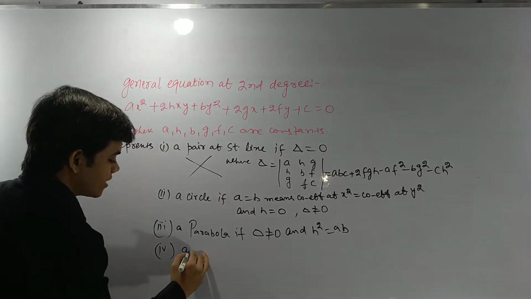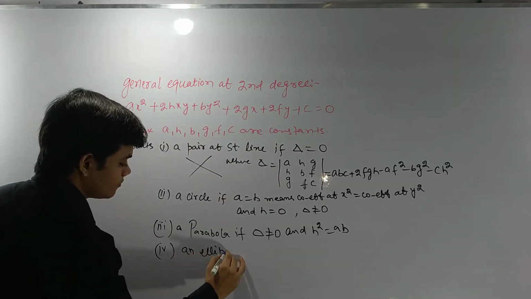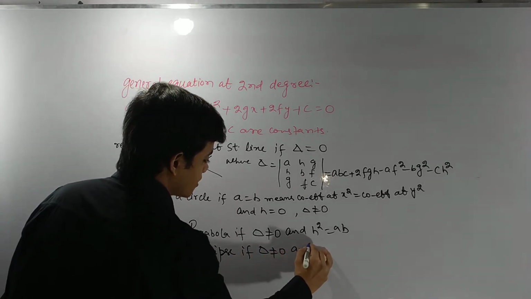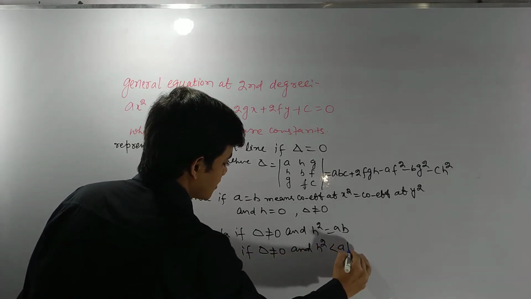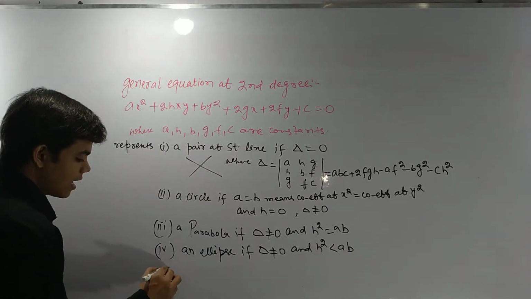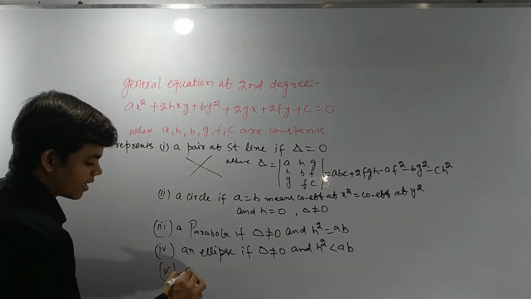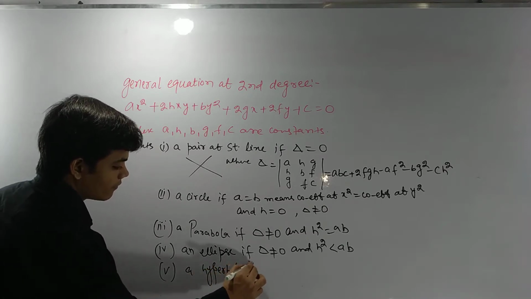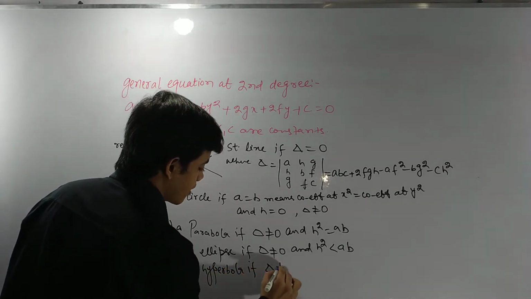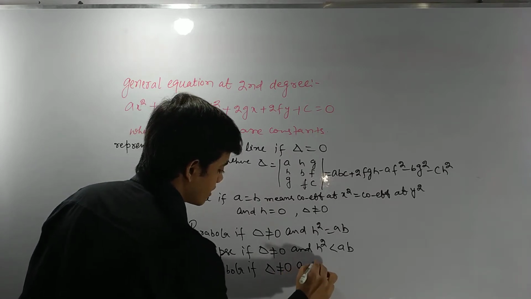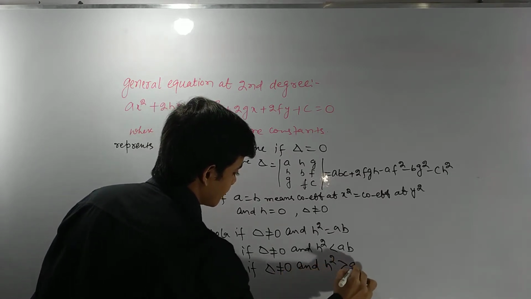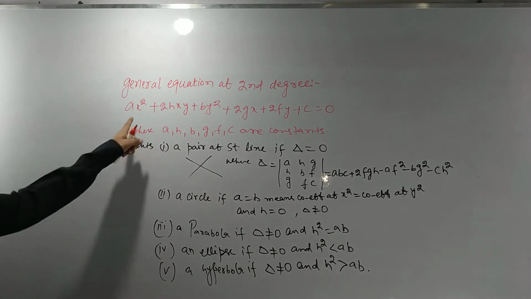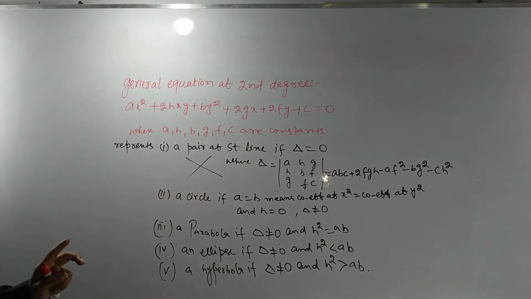This equation represents an ellipse if delta is not equal to 0 and h square is less than ab. And this represents a hyperbola if delta is not equal to 0 and h square is greater than ab. So these are the different conditions in which this equation represents different curves.